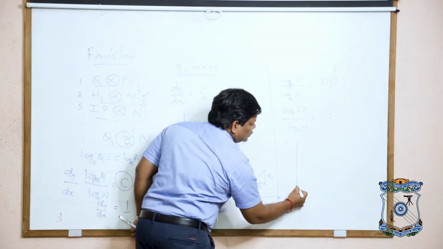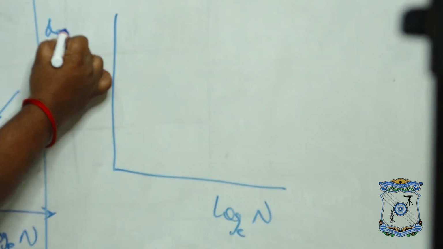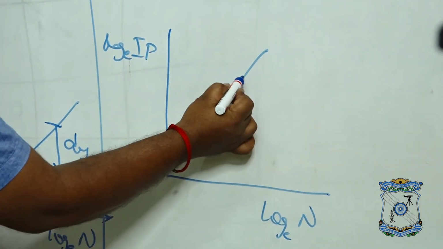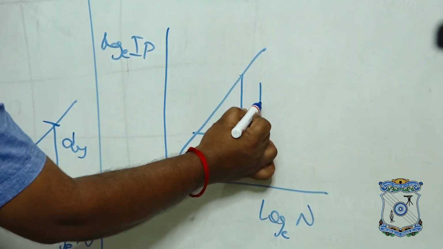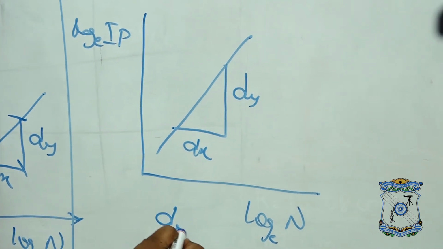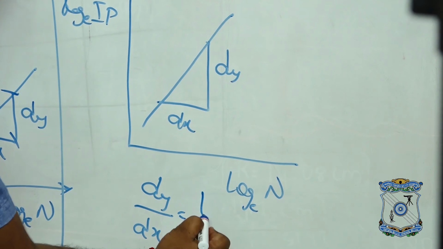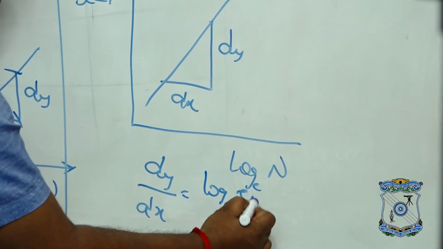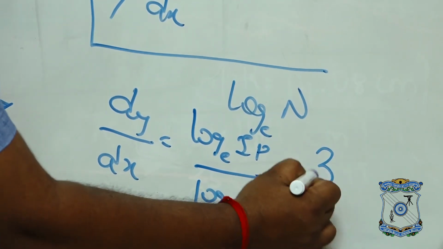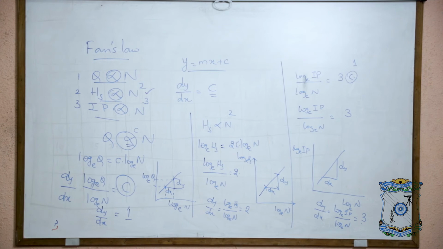So you draw a graph for the same, that is log base e N and log base e IP. If you get a line like this, you have to adjust and mark dy by dx. The slope dy by dx is equal to log base e IP divided by log base e N, which is equal to 3. So if you prove all these three, that means you have verified the Fan's law.